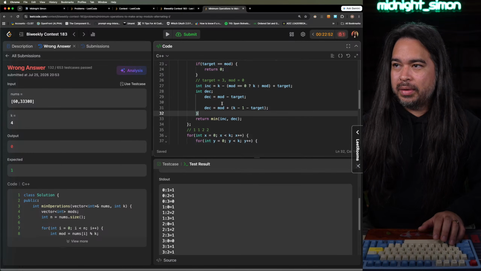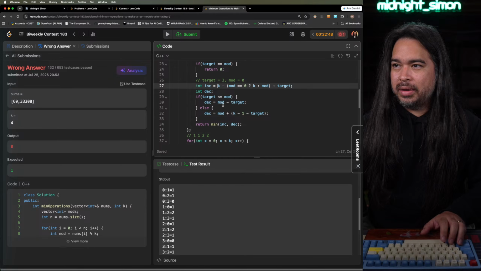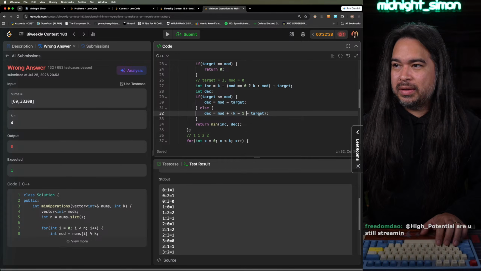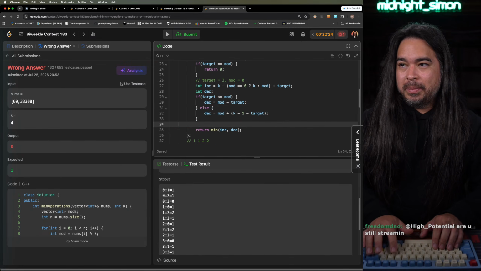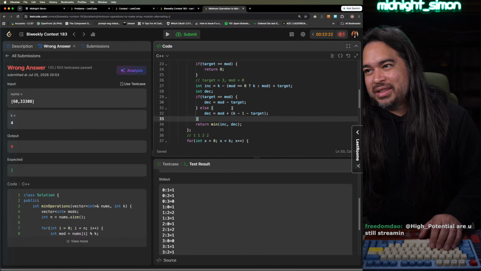Wait, before I do that, I think I gotta just double check. So my target is 3. So I'm 0 plus 4 minus 1. That doesn't make sense. That's 3. So this should also be 0, man. I don't know where my bug is.